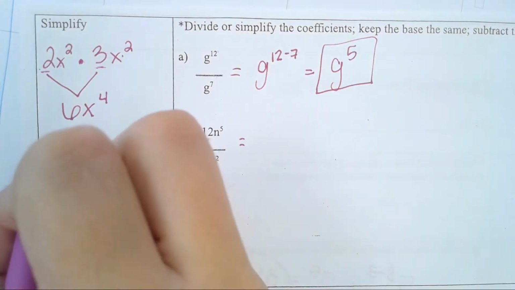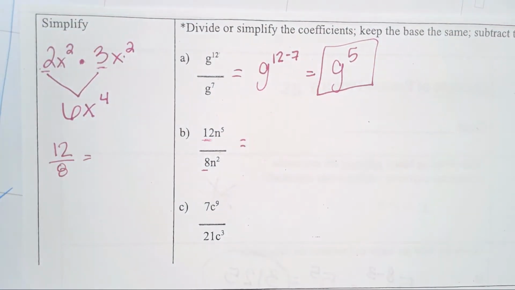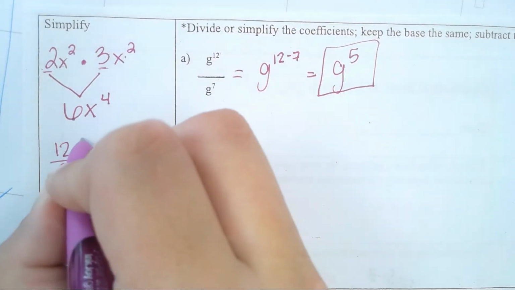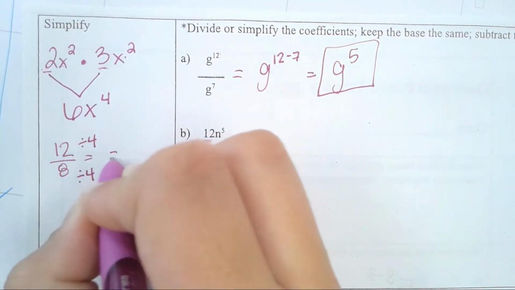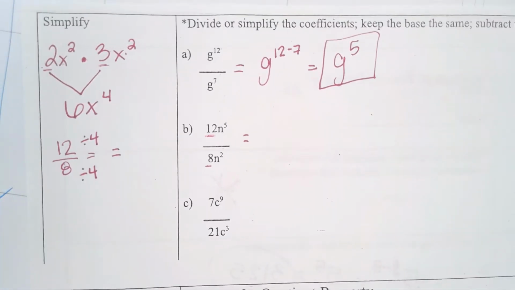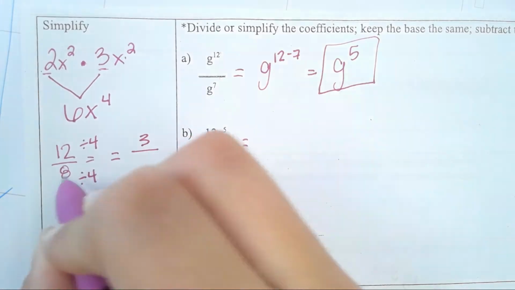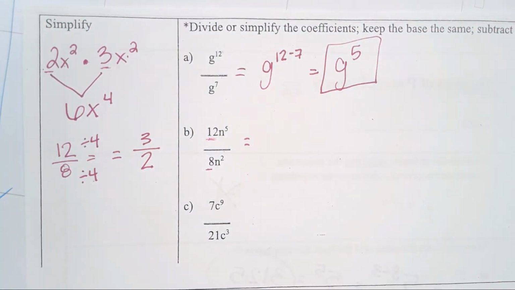All that you are going to do is simplify like normal. So like if I were to ask you guys how can you simplify 12 divided by 8 into a simplified improper fraction, you guys would tell me, oh, we can divide by 2, or no, we can divide by 4, because that would be a bigger number that we can divide by. So if I simplify these by 4, 12 divided by 4 is 3, and 8 divided by 4 is 2. So my simplified fraction would be 3 over 2.